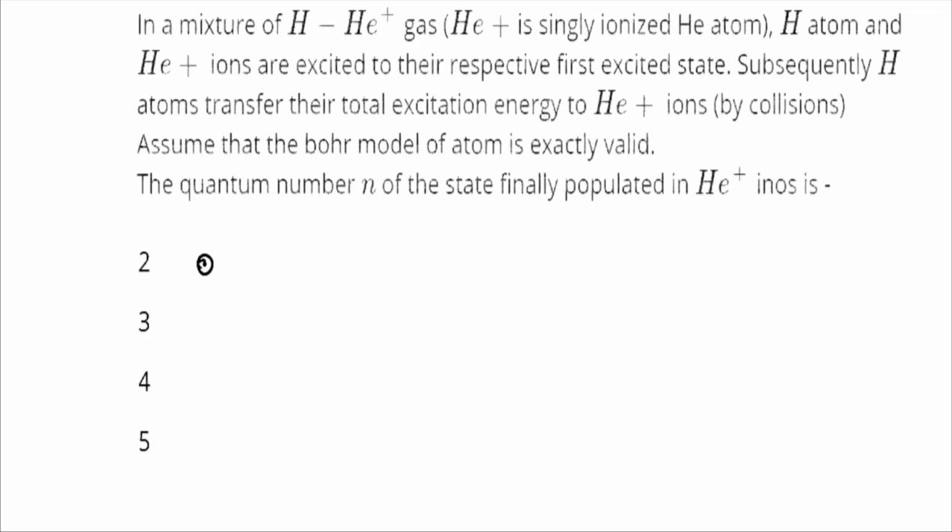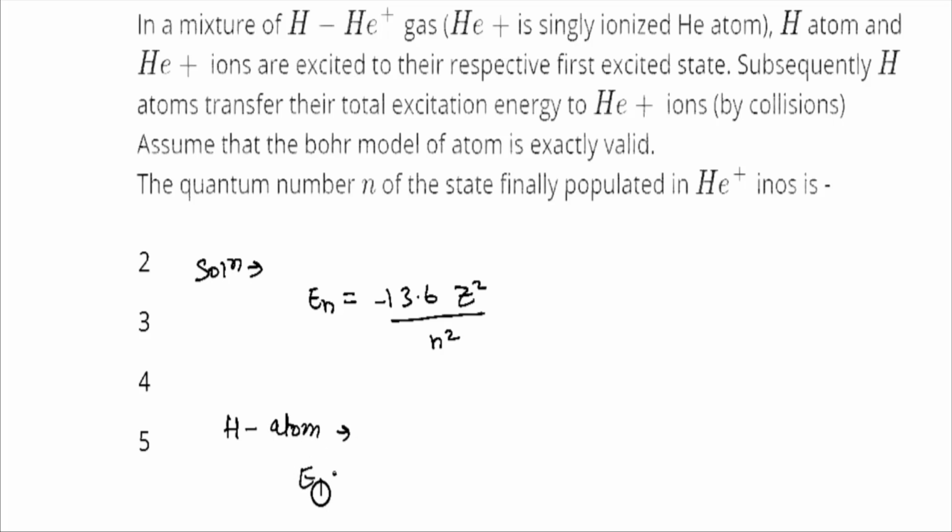So the solution for this will be, if we talk about Bohr's model, En is given by minus 13.6 Z square divided by n square. So if we talk about the hydrogen atom, energy for the first level is minus 13.6 electron volt.